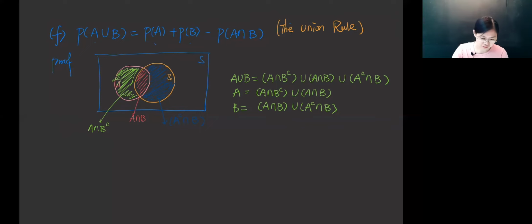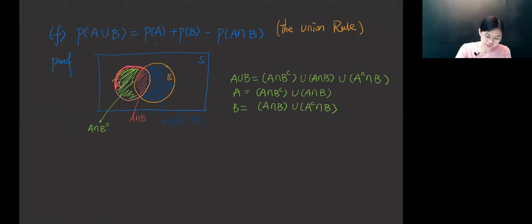Why is this true? We can first look at the Venn diagram right over here. In this Venn diagram, this orange part is B, this pink circle is A, and the intersection of A and B can partition A union B. So what's A union B?